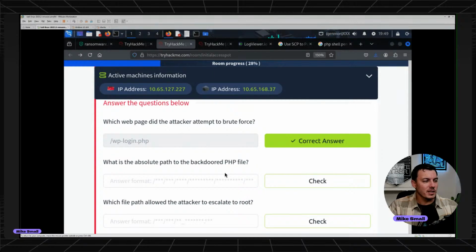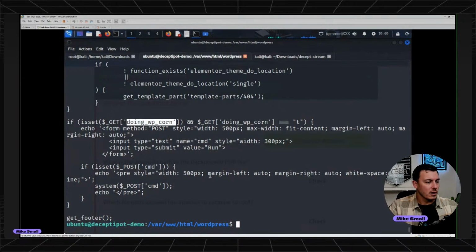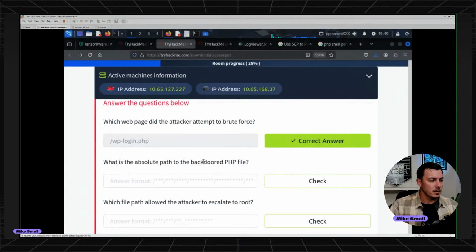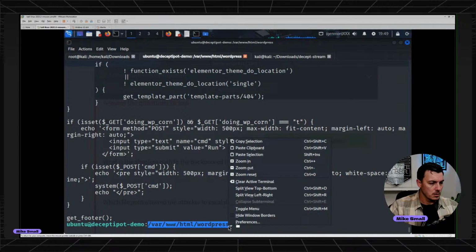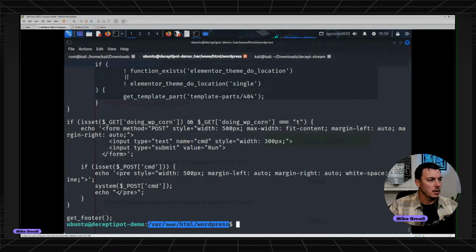All right, so we need the absolute path of this PHP file. So yep, we found it. Now we just need to know the absolute path. And let's see, we can just type it in here. So we have this, and we can put it in our notebook here.